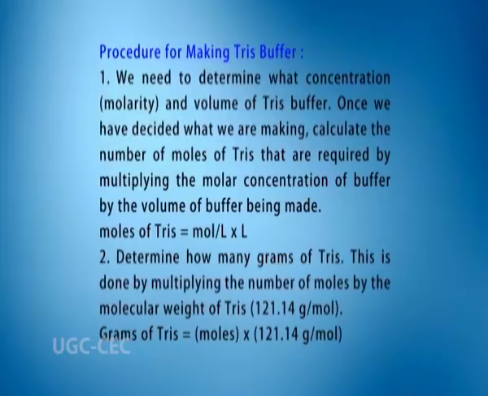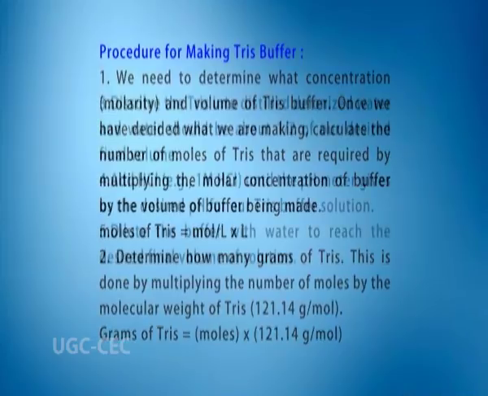Moles of tris is equal to moles per liter times liters. Next, determine how many grams of tris. This is done by multiplying the number of moles by the molecular weight of tris, that is 121.14 grams per mole.